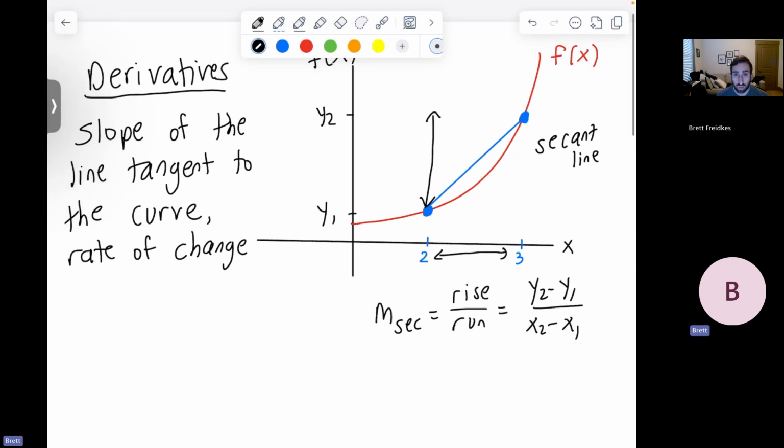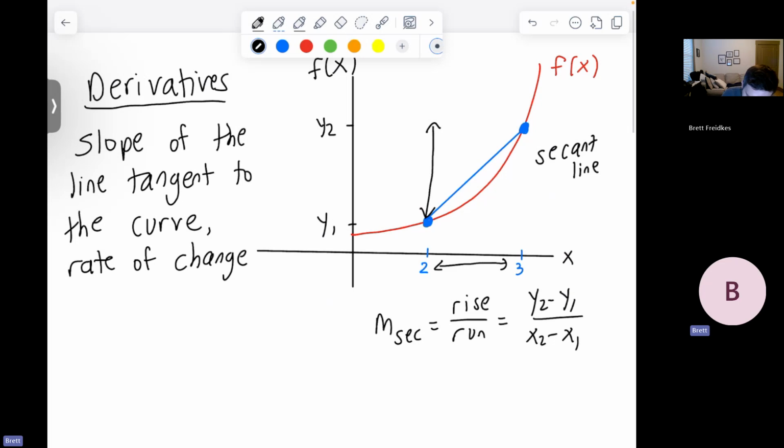Now, we rarely will use this form of the equation with the y's and the x's. We write it a little bit more in a calculus sense, where instead of 2 and 3, let's just call these points x1 and x2, and I'll say that they're separated by a distance that is h apart. That's what we'll call our step size.